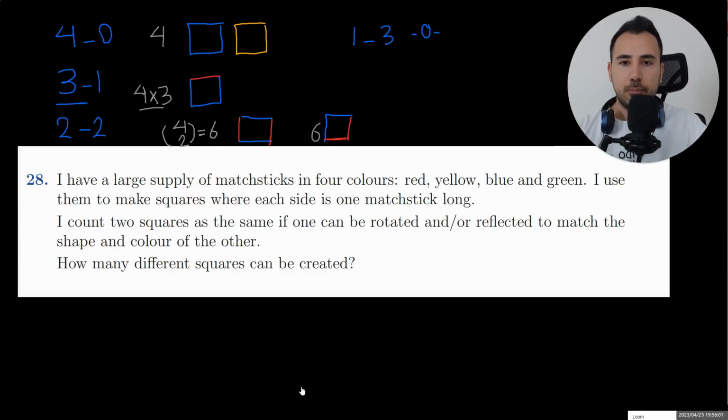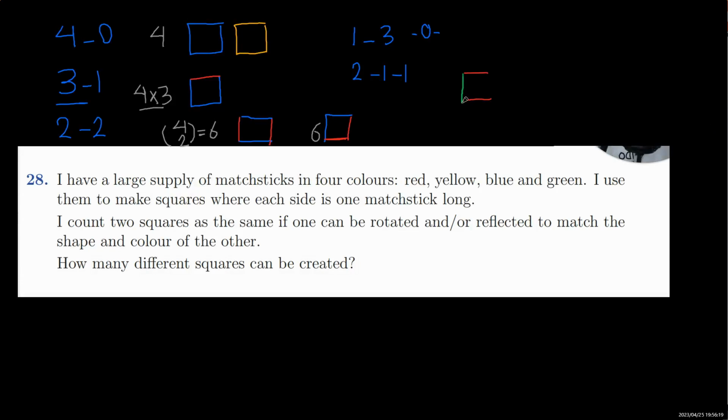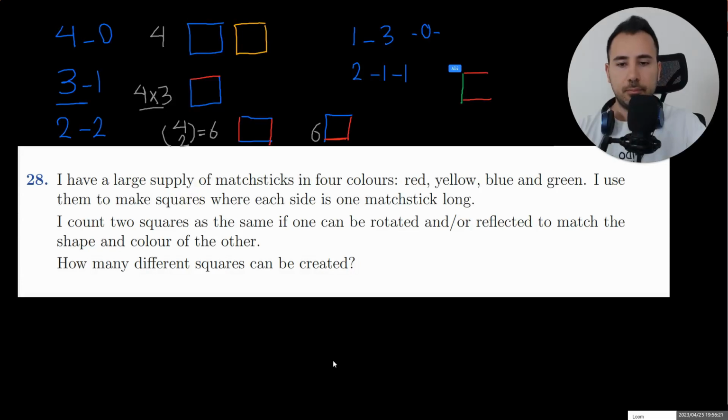Okay, now the last one is, what if we have 2, 1 and 1? What's that going to be? For example, we're going to have red and red, and then we'll have 2 different colors. So how many possibilities for this?